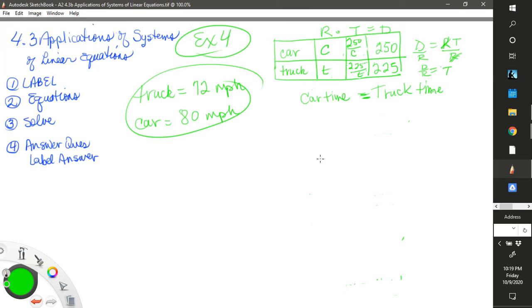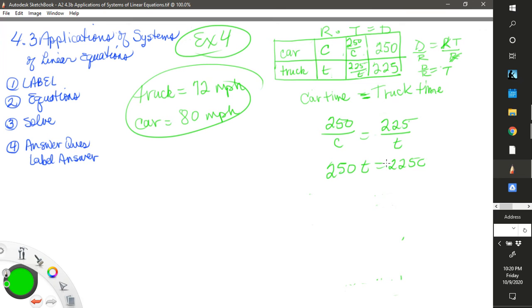So one of our equations would be that 250 over C equals 225 over T. And we would use cross products, and we would get 250 T equals 225 C. All right, that would be one of our equations.